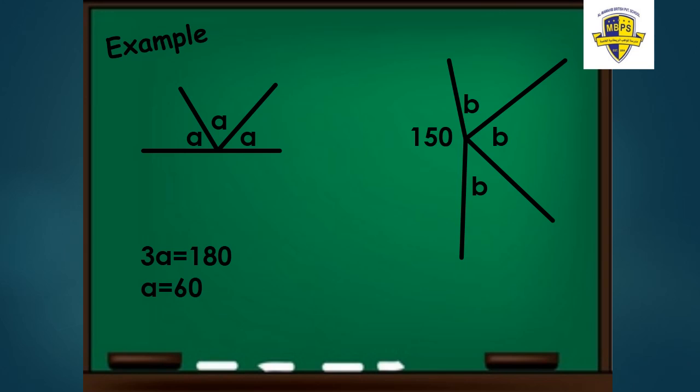We can say 360 minus 150 equals what? Excellent, equals 210. And to find B, we say 210 divided by 3 equals 70. So B here equals 70 degrees.